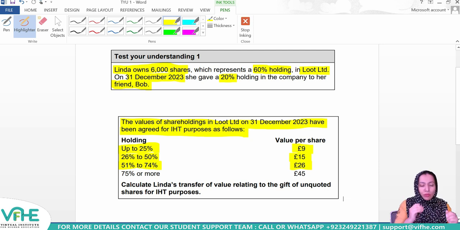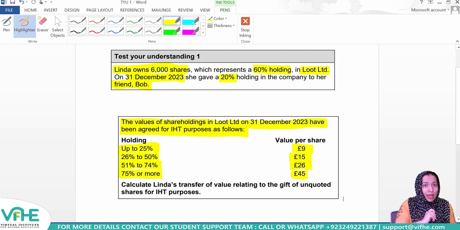It would then become £26 per share. And where the shareholding is either equivalent to or more than 75%, in such cases, value per share is going to be £45. This is normally the case whenever an individual has a shareholding in an unquoted company, because the higher the shareholding is, the higher would be the value per share.